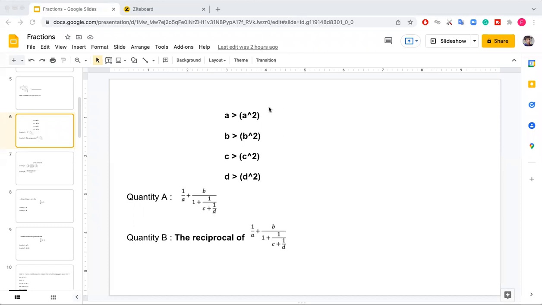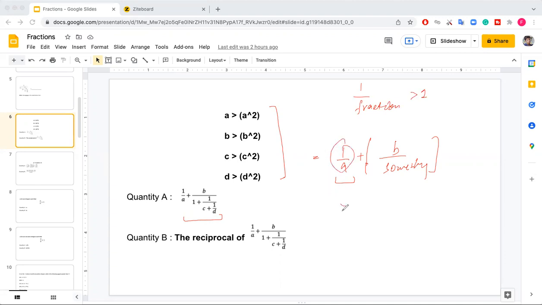Okay, so we have all of these between 0 and 1. This means all A, B, C, and D are fractions, right? So let's see the first one. We have 1 over A plus B over something, whatever the value is. Leave this, right? Why am I saying leave this? Because A is a fraction, and 1 over a fraction is always greater than 1, right?